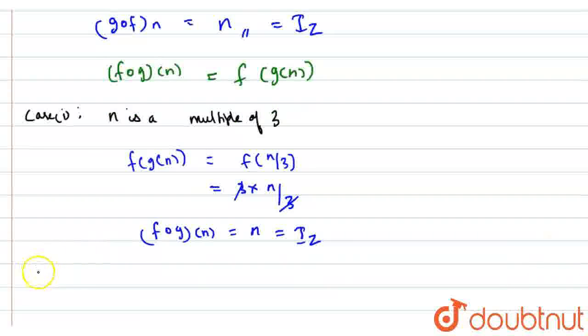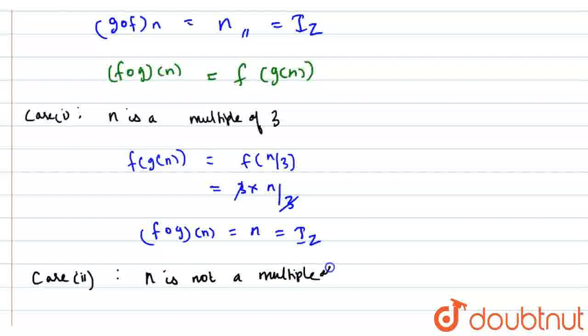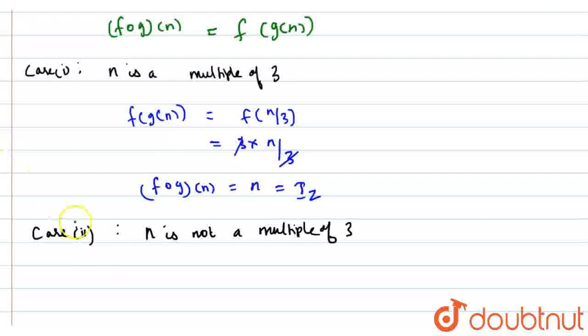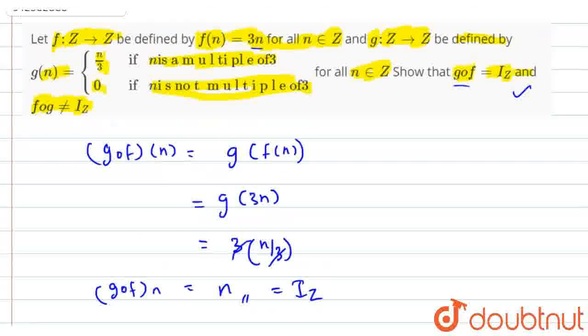Case 2. In case 2 the given condition is n is not a multiple of 3. So I have f of g of n, the composition function f of g of n. If n is not a multiple of 3, then according to the given definition the value is 0.